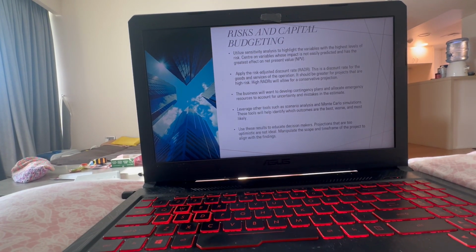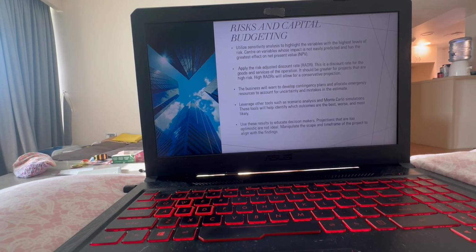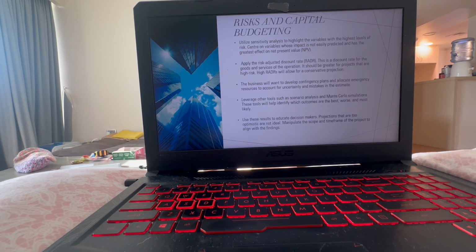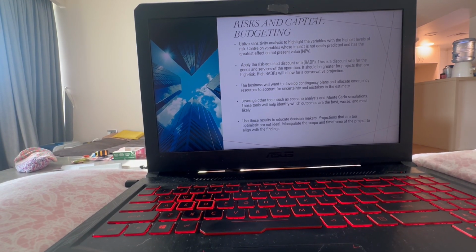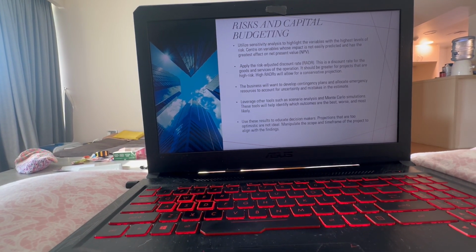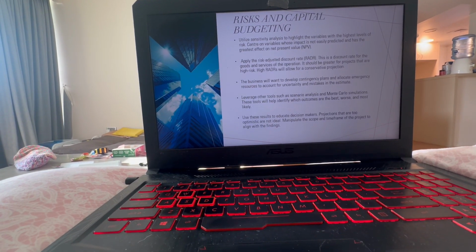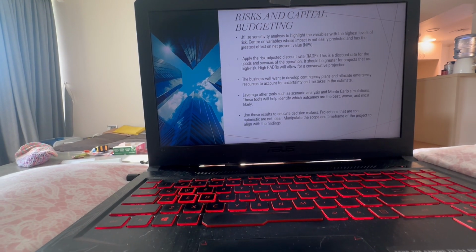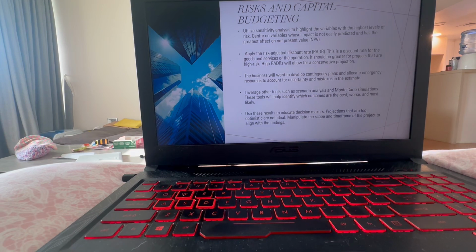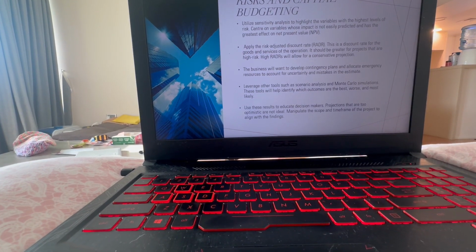So these results are going to help educate decision makers, and projections that are too optimistic are not good. You really want conservative projections. And based on the results of all this, you're going to want to manipulate the scope and the time frame of the project to make sure that everything is lining up.